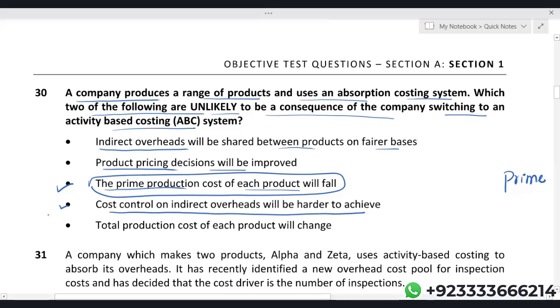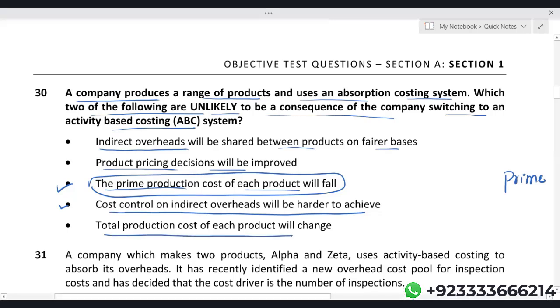So you can say that cost control of indirect overheads in ABC is easier as compared to absorption costing.